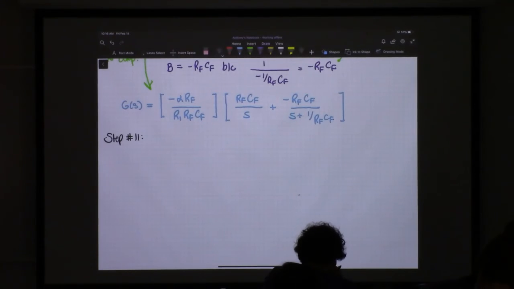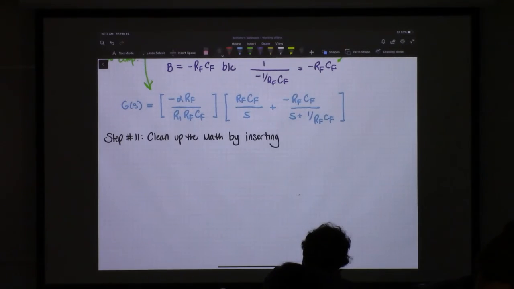So we are going to essentially clean up the math by inserting the results of the partial fraction expansion shown in what we were calling g of s into our VO of s.